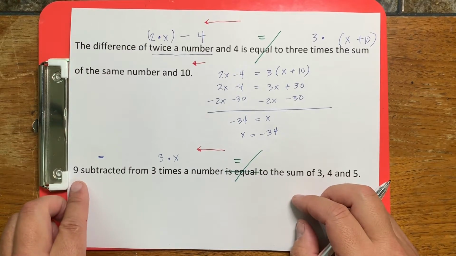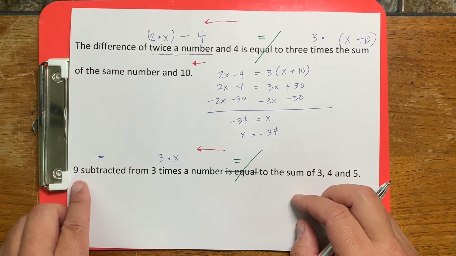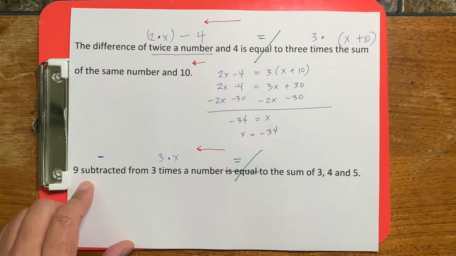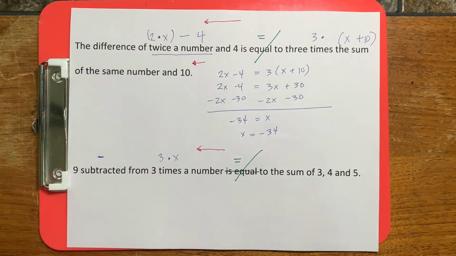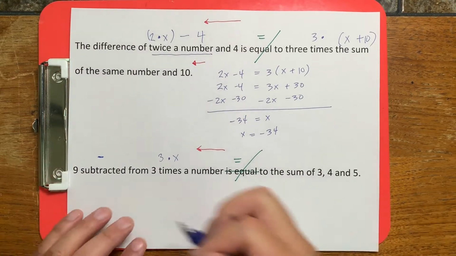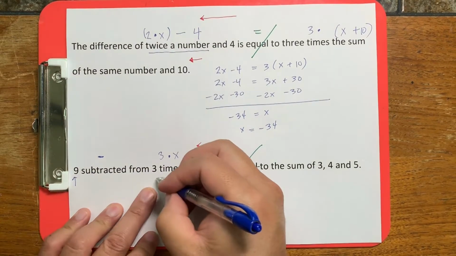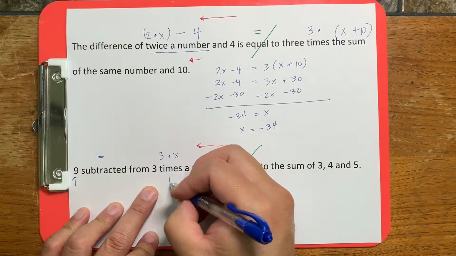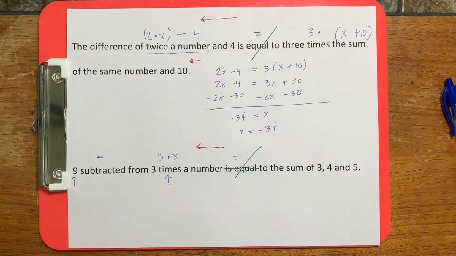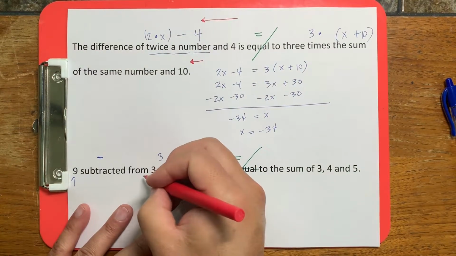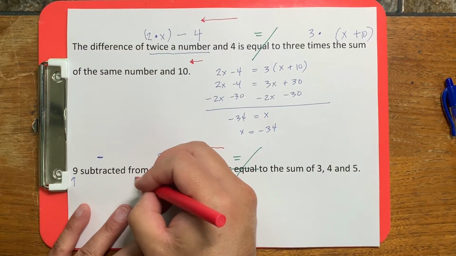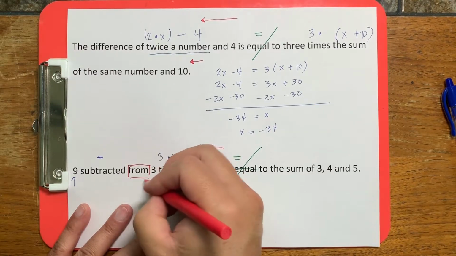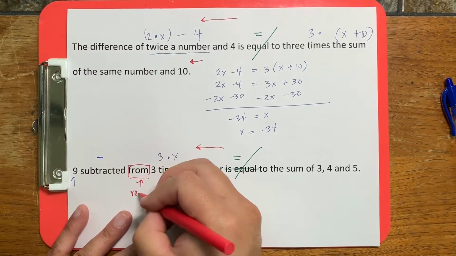I have to subtract it from 9. Now remember, because this is a subtraction, we have to be really careful about the order. I have 9 here and I have 3 times here. But the key thing here is the word from. This tells me I have to reverse my order.